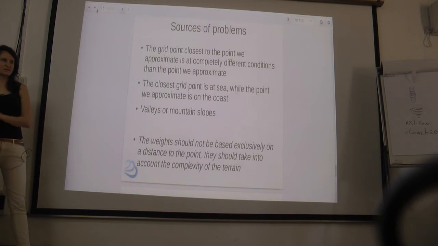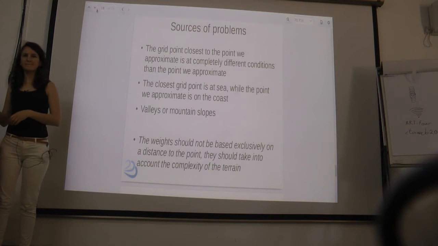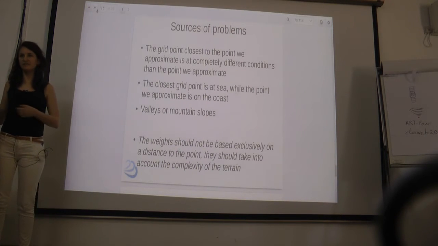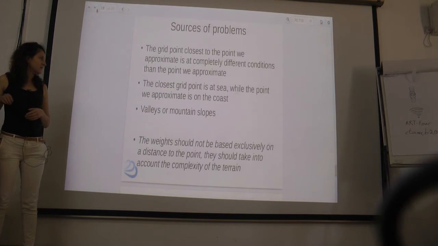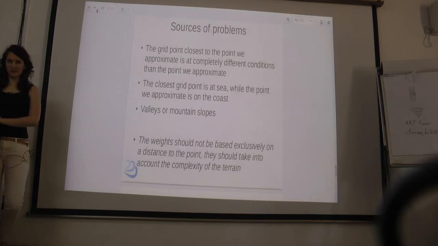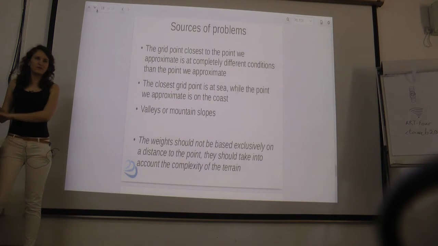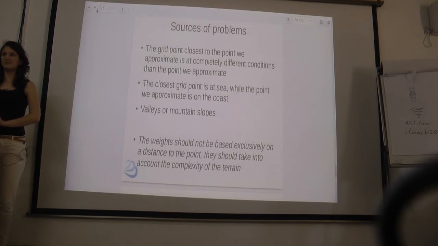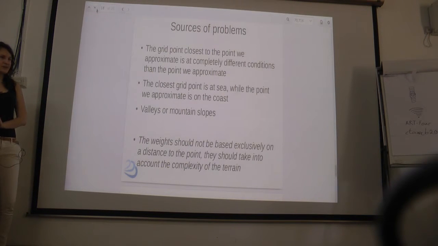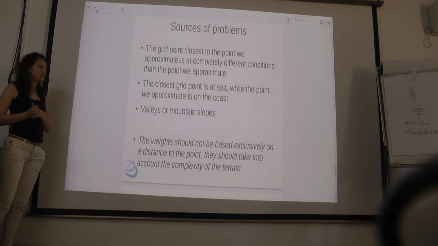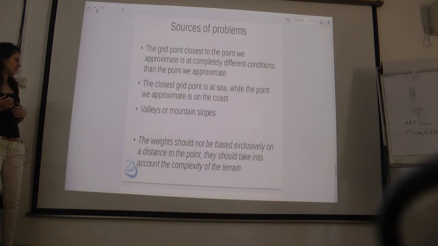So you have to think of how you can develop different ways of creating a point forecast so that you take all those issues into account. What you should do is create the weights for your weighted average of neighboring points not based on the distance to the point, but based on the importance of predicting the weather at this certain point of interest.